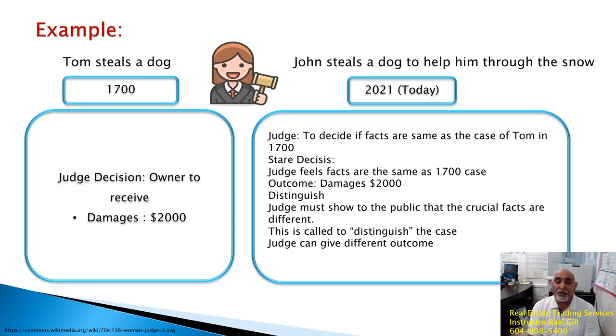Maybe he would say that the dog needs to be returned to the owner, and perhaps some damages to the owner who lost the dog for some period of time. So everybody see the difference?